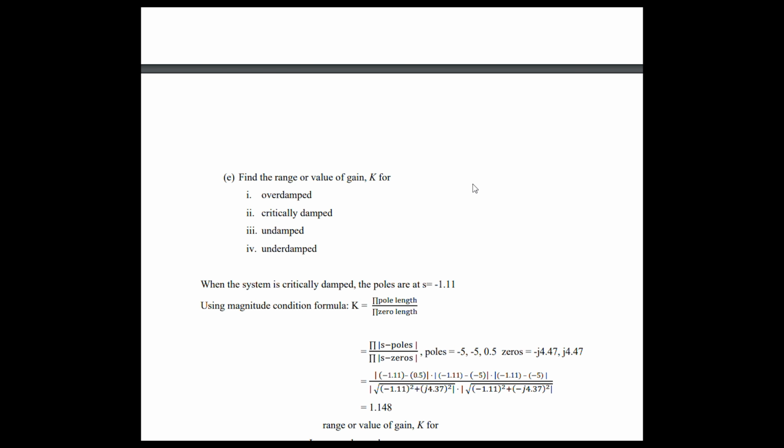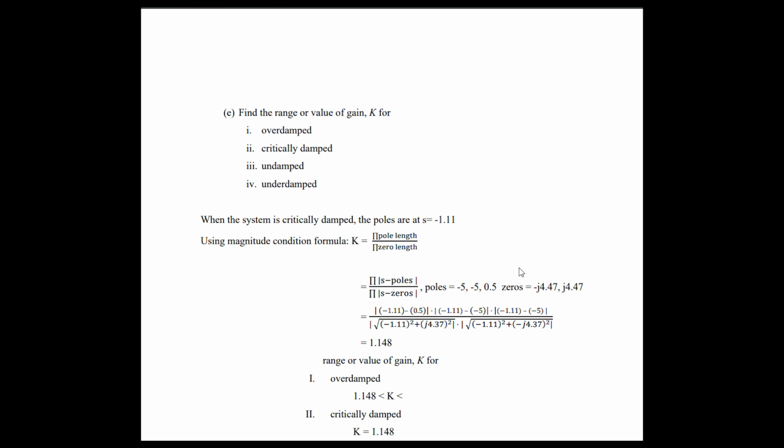And then we find the range of gain K for overdamped, critically damped, undamped, and underdamped. First, when the system is critically damped, the poles are at s equals negative 1.11. Using the magnitude condition formula, K equals pole length over zero length. For the poles we get negative 5, negative 5, and 0.5, while for the zeros, negative j4.47 and j4.47, we get 1.148.